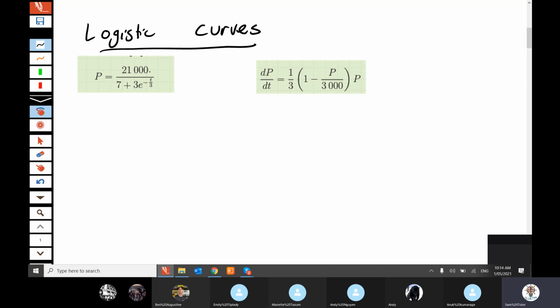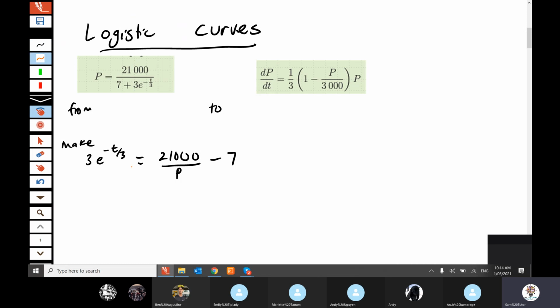So when you're going from this to this, make 3e to the negative t over 3 the subject, which is 21,000 over P, take away 7. Are we all okay with that? I've multiplied it, I brought the P back, and I took away 7.